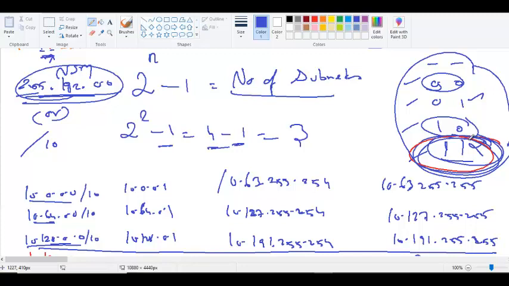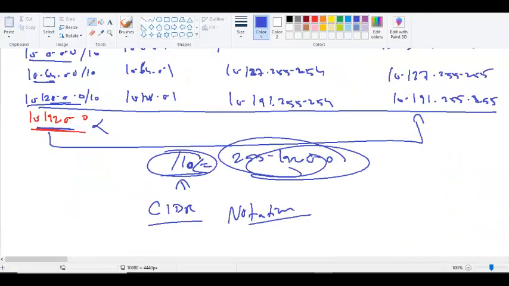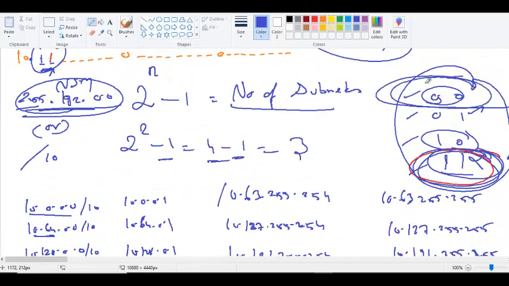So the remaining 3, when you substitute in the borrowed place, what you will get? If I put this possibility 0, 0 in this place, then you will get 10.0. If I substitute this one, then I get 10.64. If I put 1, 0, then I get 128.